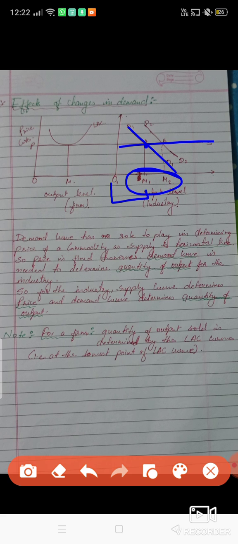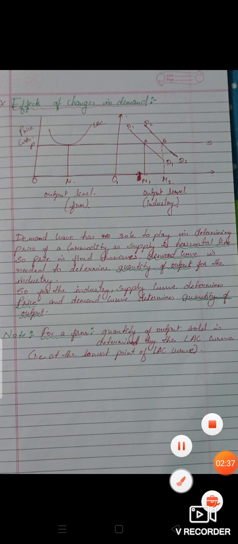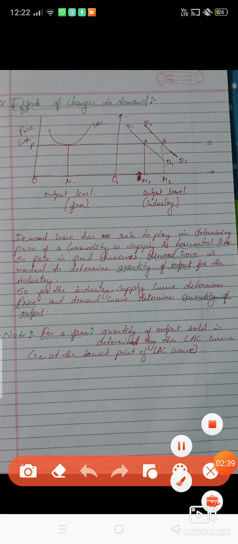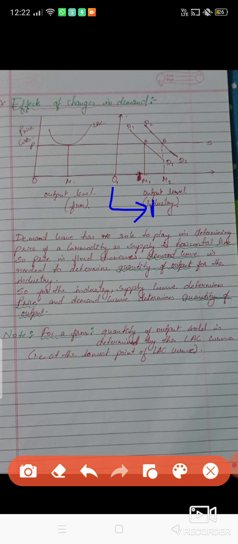Now the second case, it decides how much the industry should produce, means O1 M1 the industry should produce if the demand curve is at A. Now again you can see that the next demand curve is at B, because at B both the supply curve and the demand curve intersect.